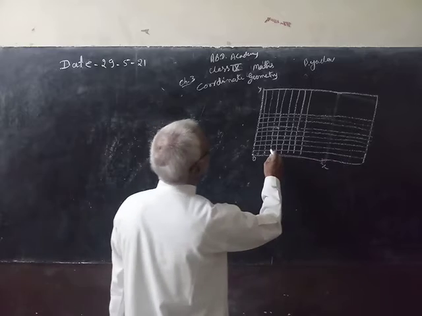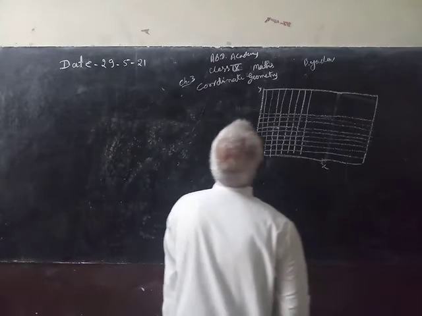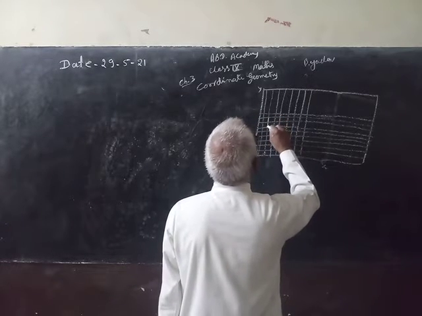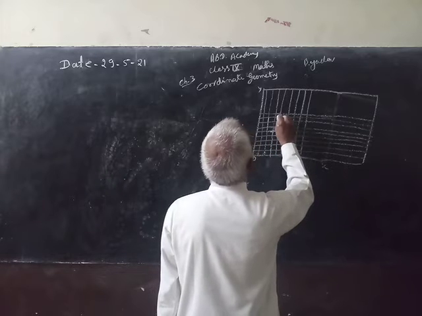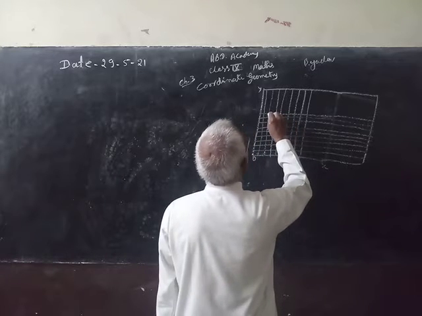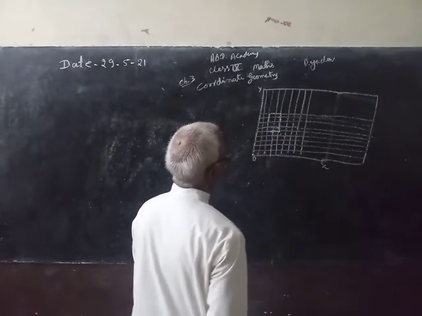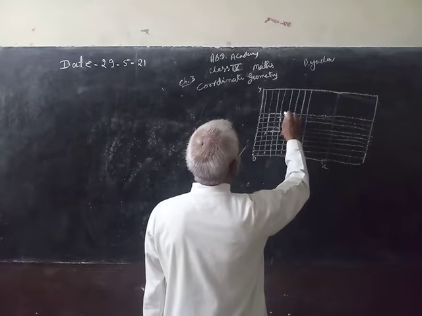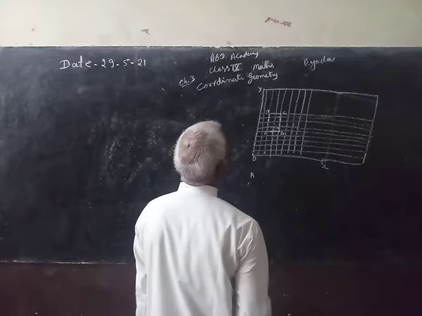So what is the position of your table? Your table was here. It has 4 corners, A, B, C, and D. A is where?